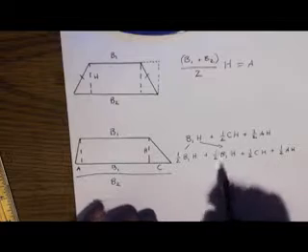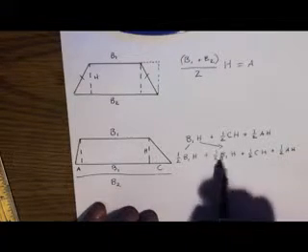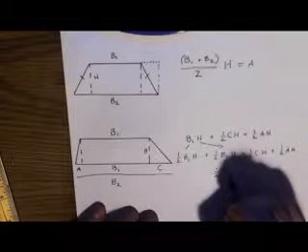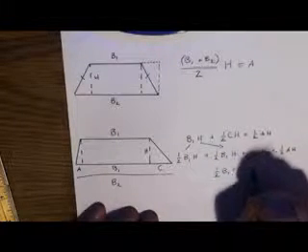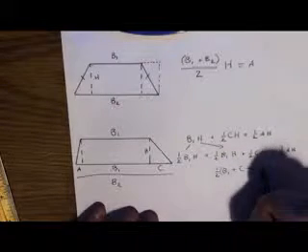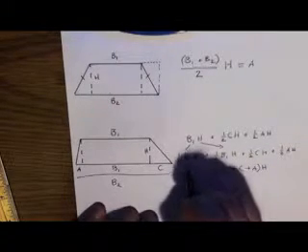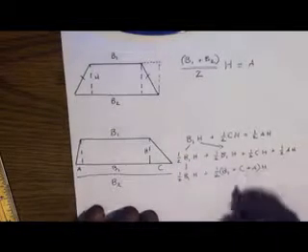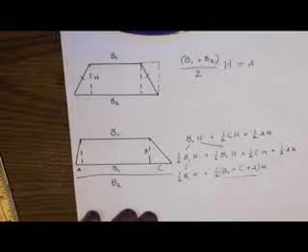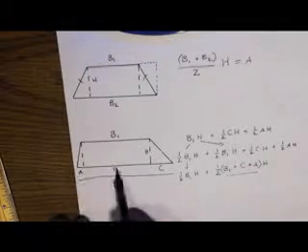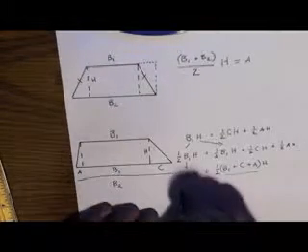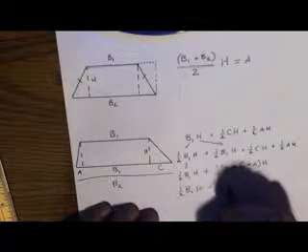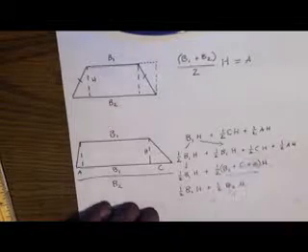Now, if I combine these terms and factor out the important pieces, I have 1/2 B1 plus C plus A, all times H, and then of course the other 1/2 B1H. But what does this become? This, of course, was just the original sum we had here. So we have 1/2 B1H plus 1/2 B2H.